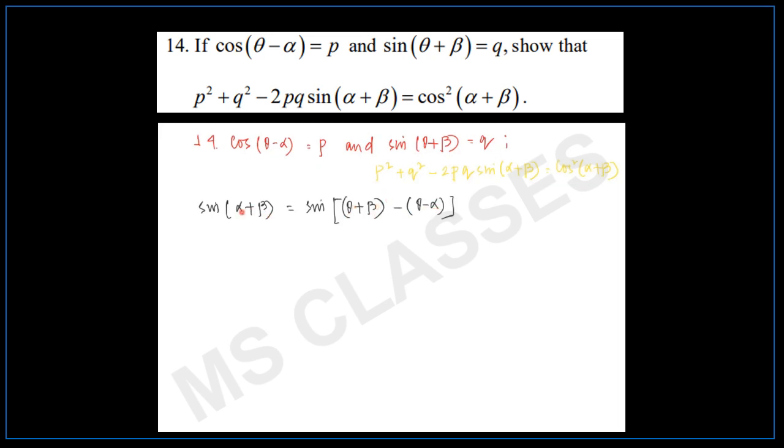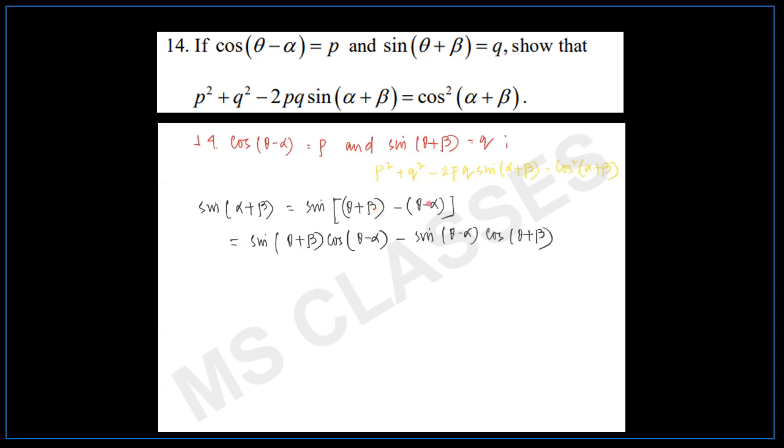Now this is sine(A minus B) form. Sine(A minus B) means what? Sine A cos B minus cos A sine B. So you can write this as sine(theta plus beta) cos(theta minus alpha) minus sine(theta minus alpha) cos(theta plus beta).